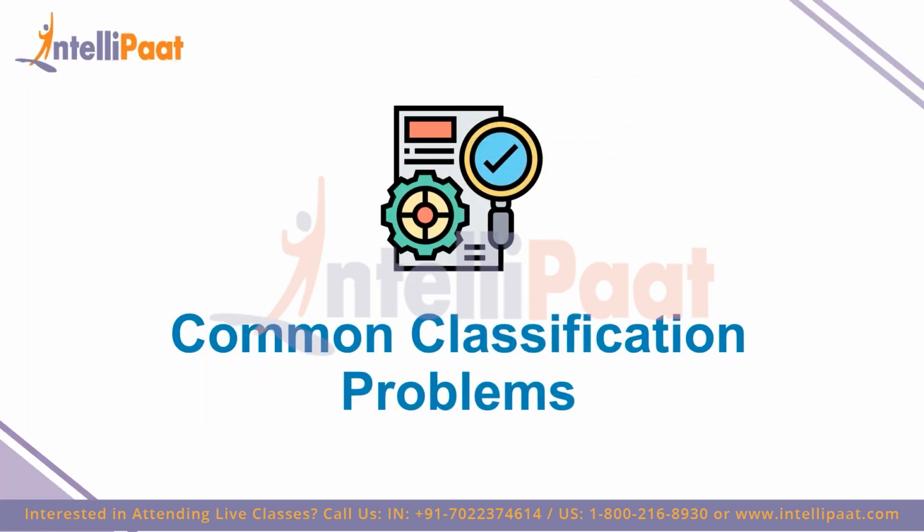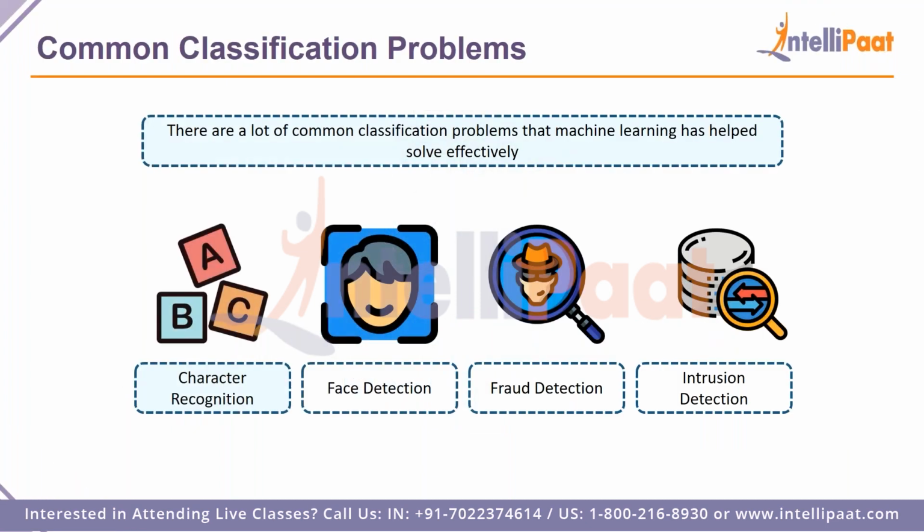So let's take a look at common classification problems. The first is character recognition. If you've used something like Google Lens, you probably know what character recognition is, in which it takes a look at an image and figures out what is written in that image. It could be what's written on a board or on a piece of paper, and so on.